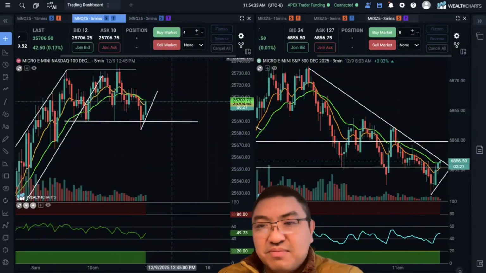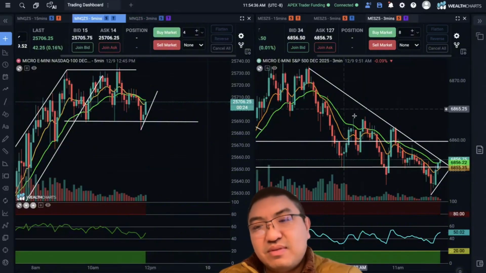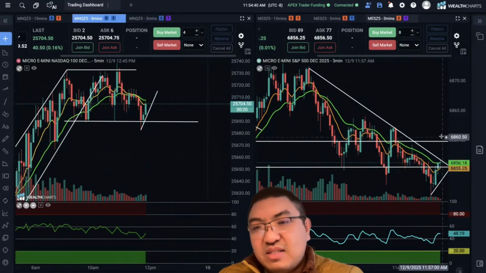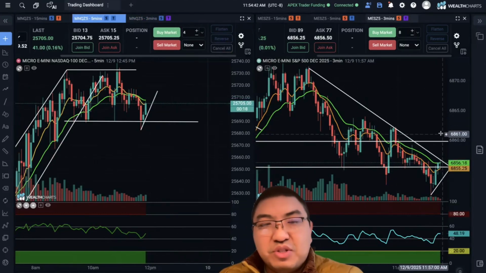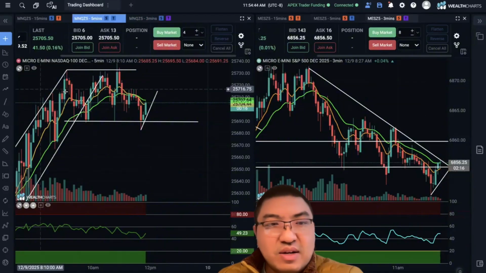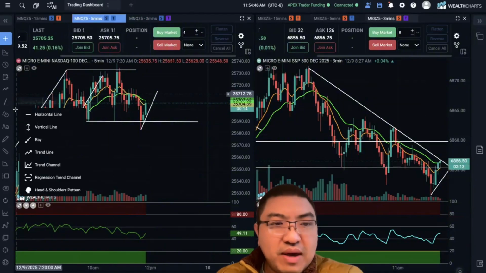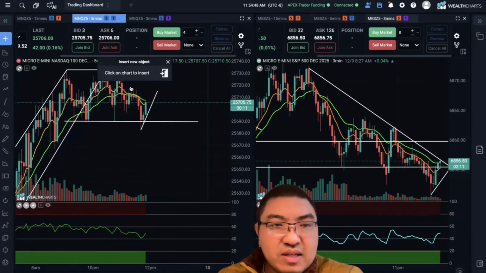Oh, it keeps going up, keeps going up. That probably means it breaks this trend line. That's another story. We wait for the break of the trend line. Wait a minute.